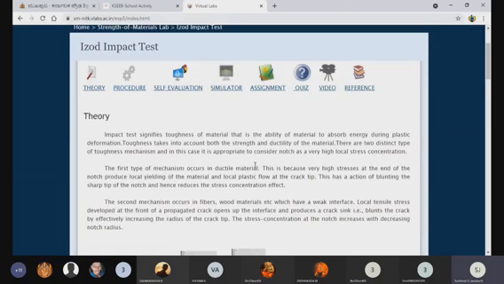Here, particularly in mechanical work, we are going to define the impact behavior of the engineering material: the ability of the material to resist sudden loads, the ability of the material to absorb the energy which suddenly acts over the material.